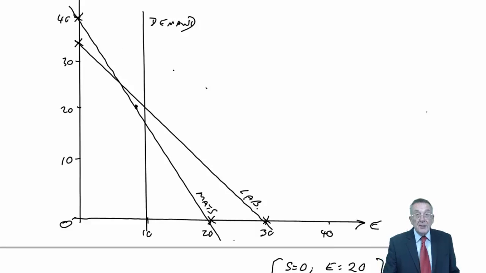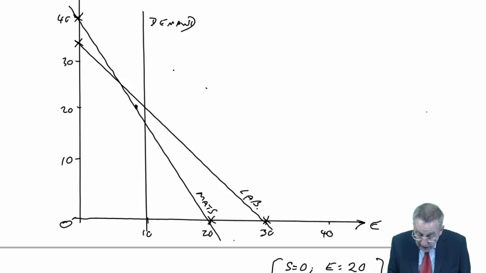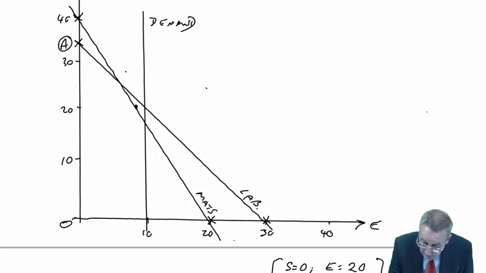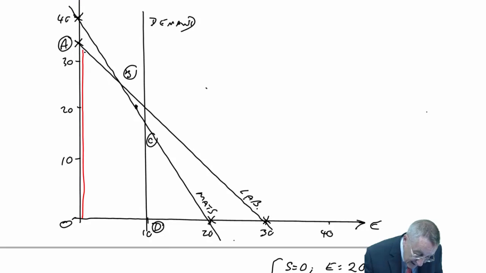And the only place we can be to satisfy all three of those constraints is the area which I'll label O, A, B, C, D. I'll go around it in red, then there's no argument. Do it without rubbing everything out.